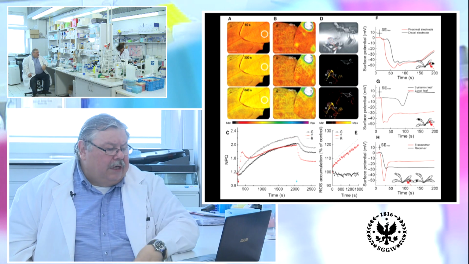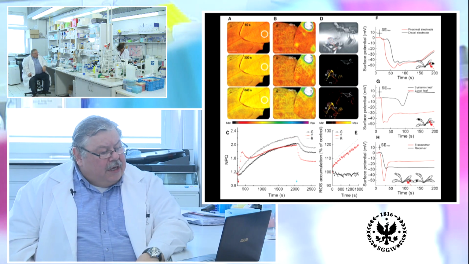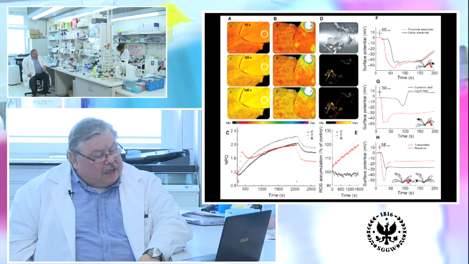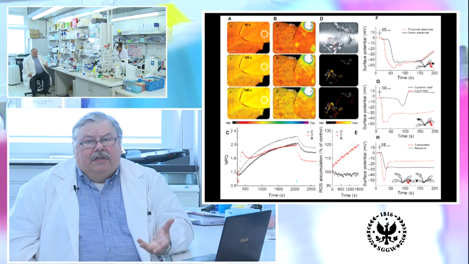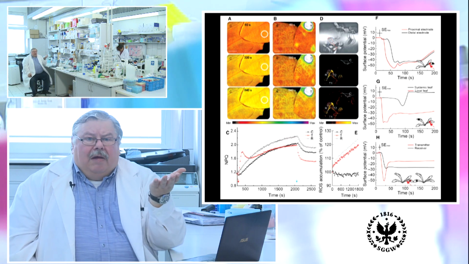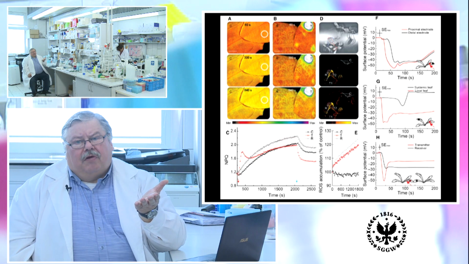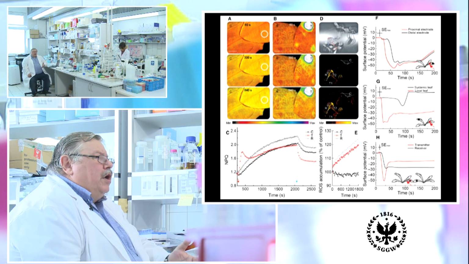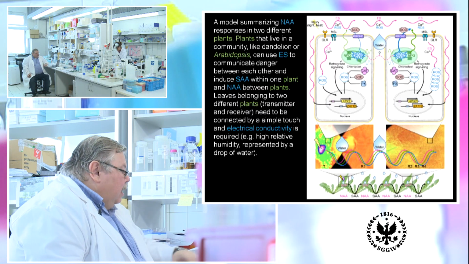And bingo, yes, it could be transmitted, and it is associated with changes in non-photochemical quenching, as we can see here, changing with reactive oxygen species and with the electrical signaling. This electrical signaling comes up on the surface of the leaf, spreads on the surface of the leaf and can jump from leaf to leaf if the leaves are physically and electrically connected. This we can see very clearly.